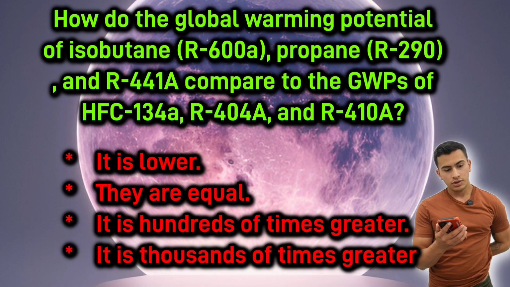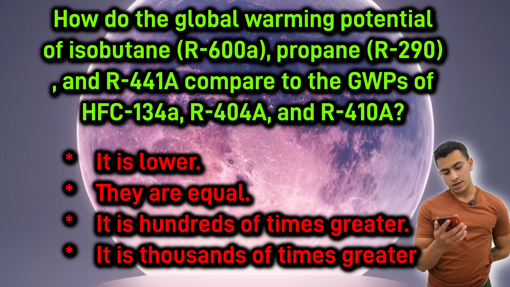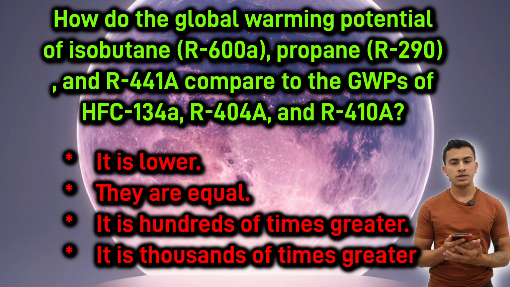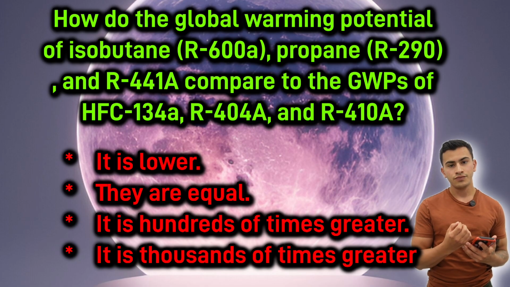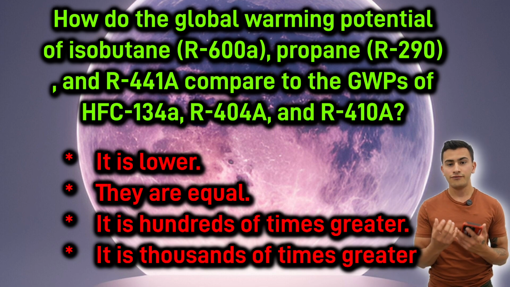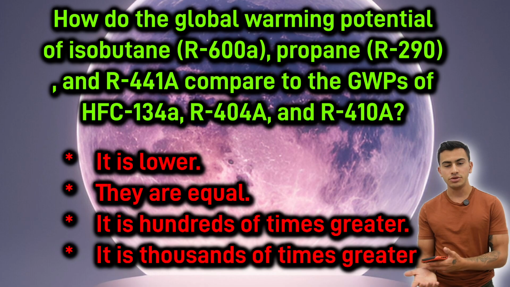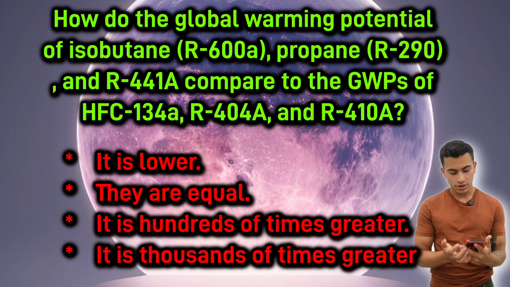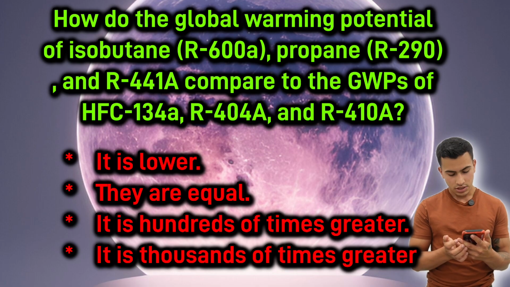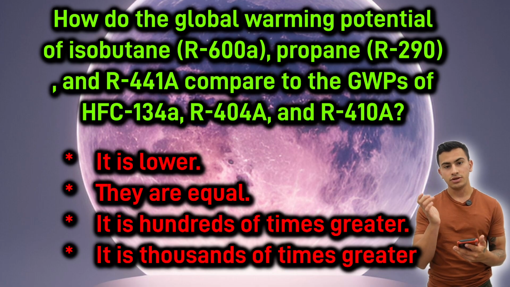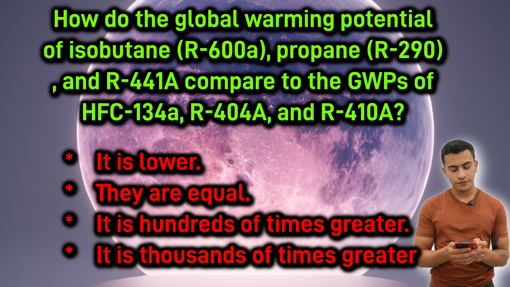The answer for this one will be B. They are significantly low. Again, in the book, it will tell you how to find the answer. But just to make it faster for you guys, the answer will be they are significantly lower. That will be the answer for number 3.